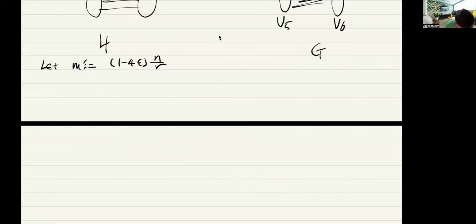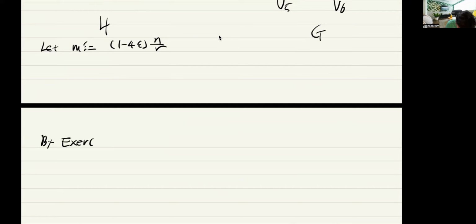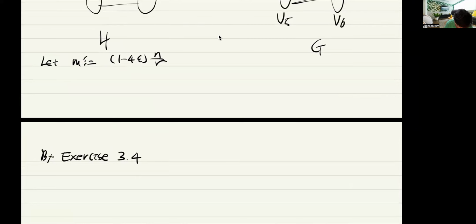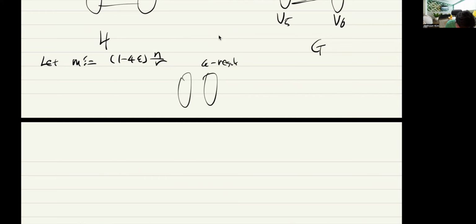And one of the exercises in the lecture note, currently numbered as 3.4, says essentially that if you have an epsilon regular partition with sets of size, say, m, then for any m prime between, say, 1 minus 10 epsilon times m and m, you can choose a set of size exactly m prime, deleting the rest, and you can make sure that this set induces a superregular pair.